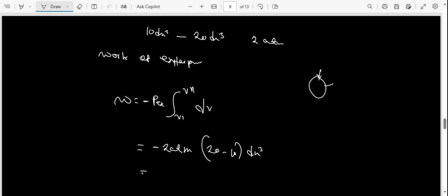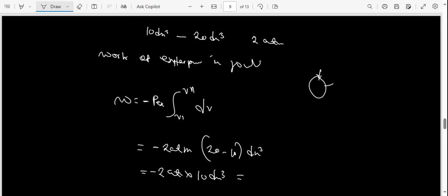So we'll multiply there. It is negative 2 atm times 10 decimeter cubed. We are calculating this work in joules.